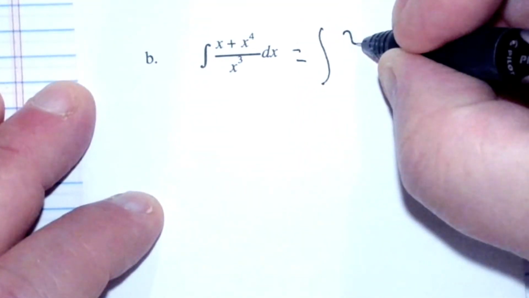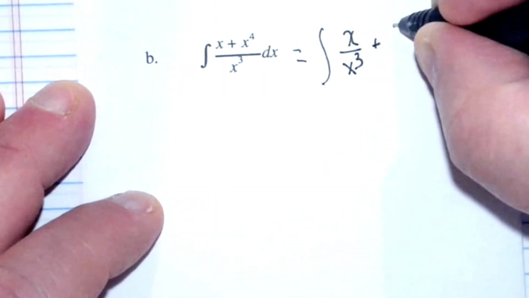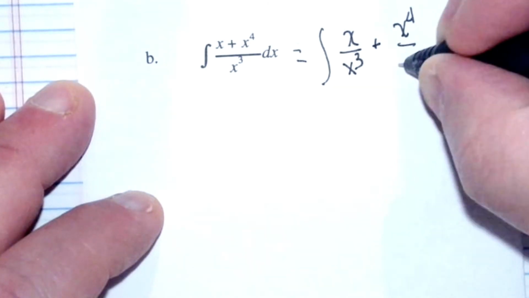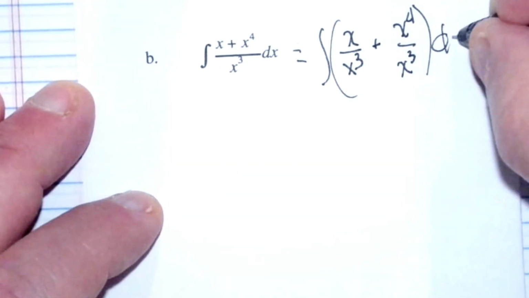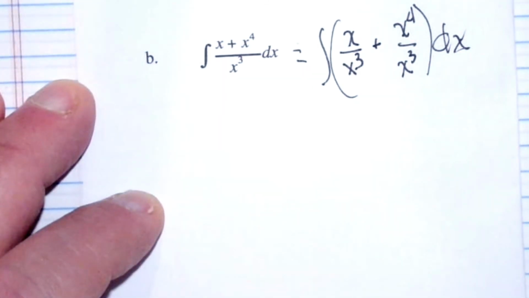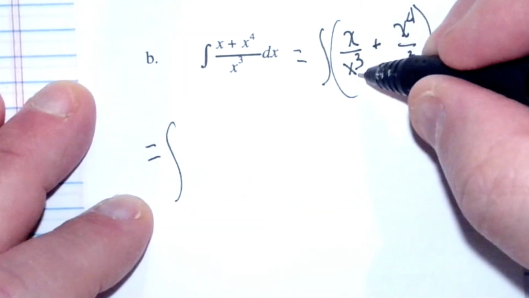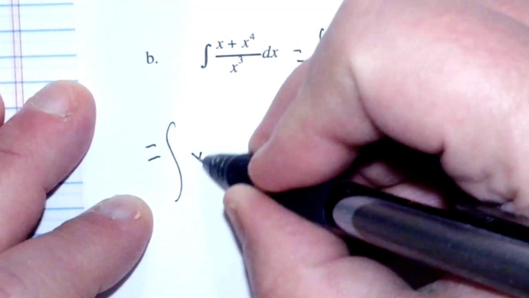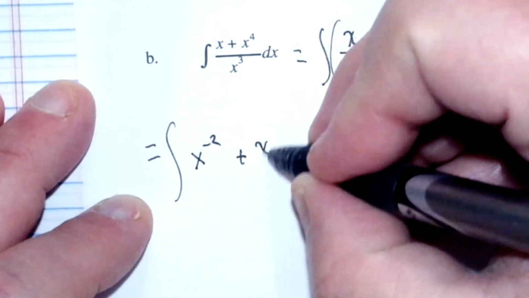How about we write it as x over x cubed plus x to the 4th over x cubed. Now we can simplify that. This would be 1 over x squared, so that would be x to the minus 2, and this would be just x.